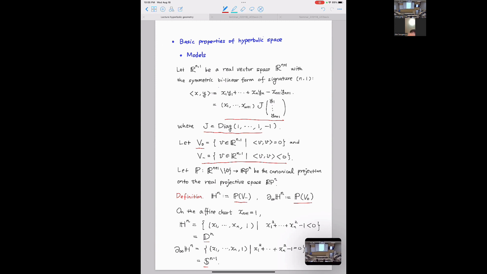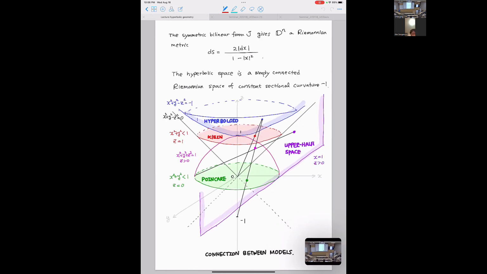Hyperbolic space is defined as the space of negative vectors, so the symmetric bilinear form of signature (n,1) gives rise to a positive definite symmetric bilinear form on hyperbolic space. That gives us a Riemannian metric, which you can write down explicitly. Then you can compute its sectional curvature, and it turns out to be -1.